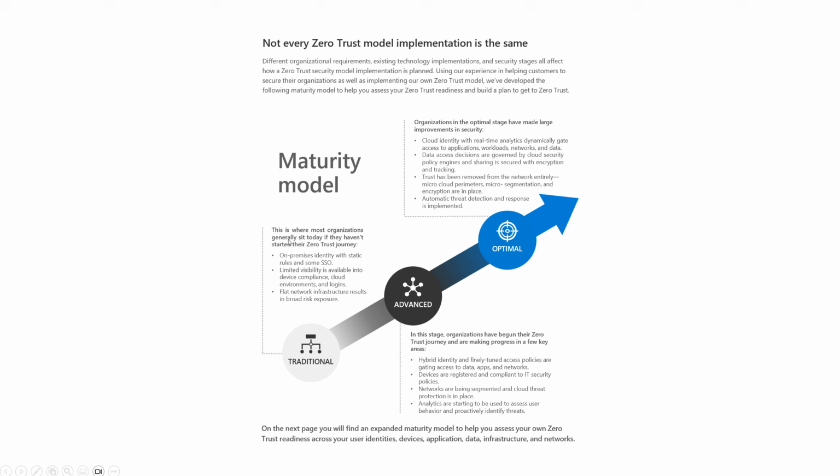So if you look at this, I will not go too much in detail into this, but in traditional, right, you might be having on-prem identity with static rules and some single sign-ons. Limited visibility is available into device compliance or cloud environments, or flat network infrastructure results in broad risk exposure, right?